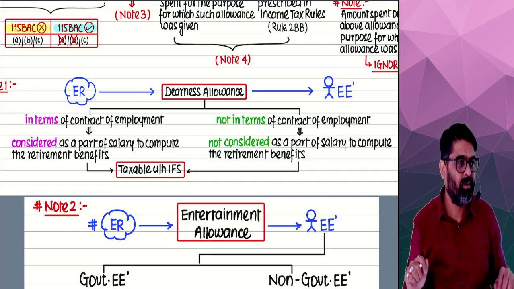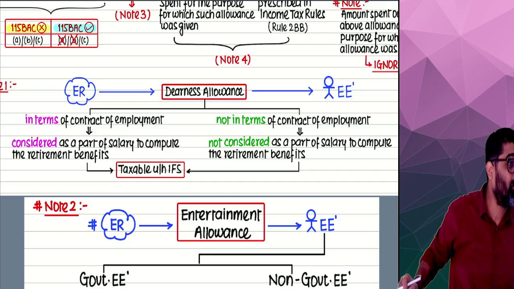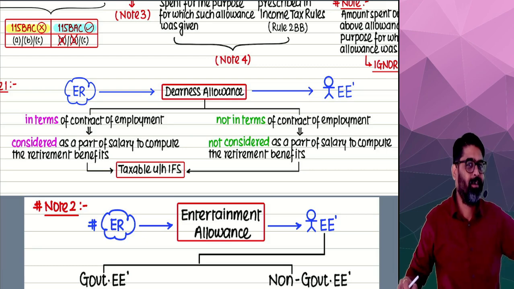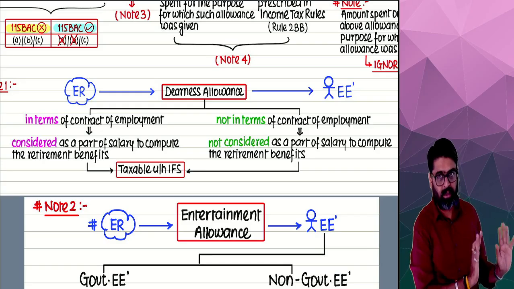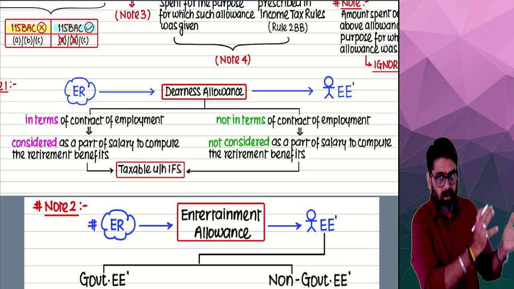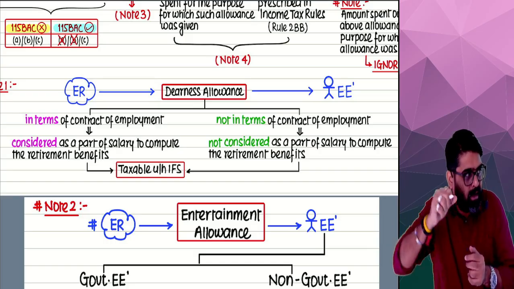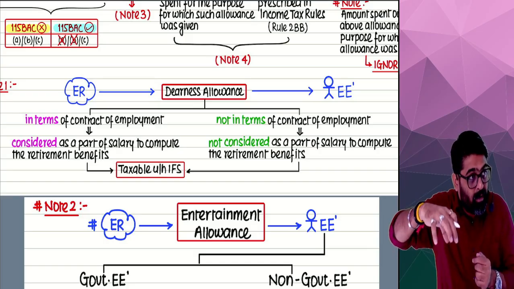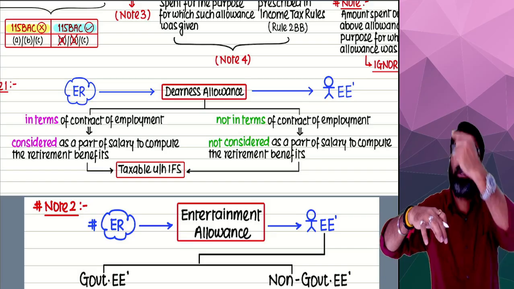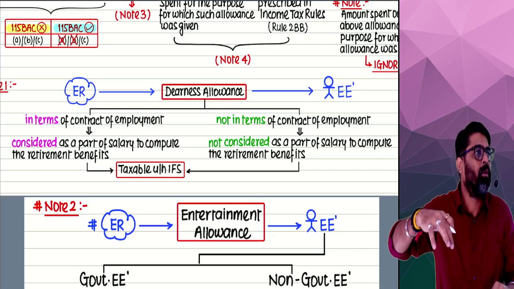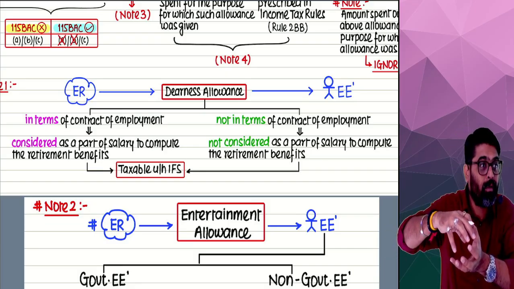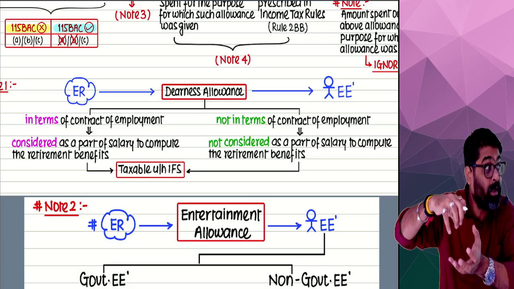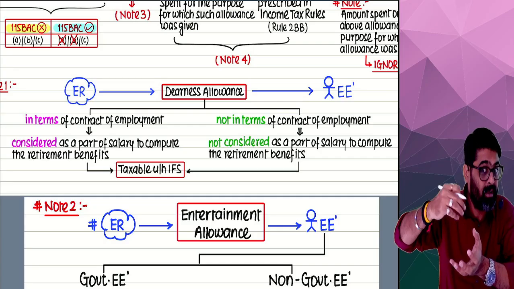But what if the DA is not written in the contract? A DA which is not written in the contract does not form part of the salary based on which the retirement benefit has to be calculated. So your salary will be a lower amount, because it does not include DA.